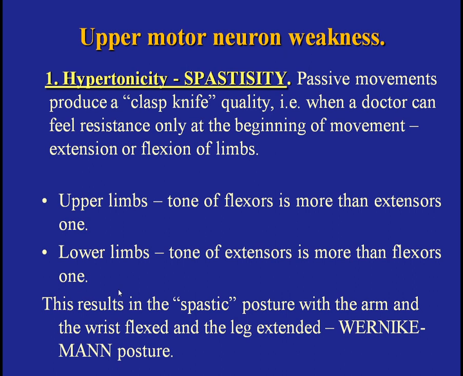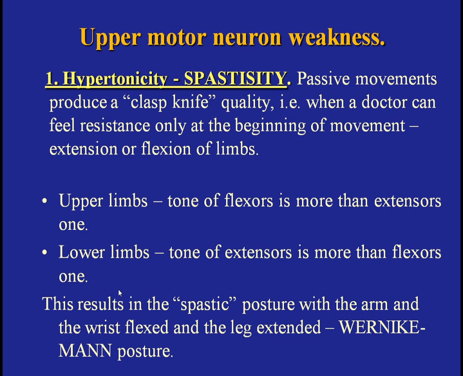You remember, how can we check muscle tone? Passively flex and extend their extremity. In upper limbs, tone of flexors is more than tone of extensors. In lower limbs, tone of extensors is more than flexors one. So, muscle tone hypertonicity is not equal in different groups of muscles and extremities.